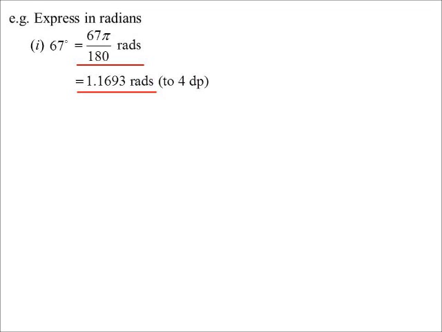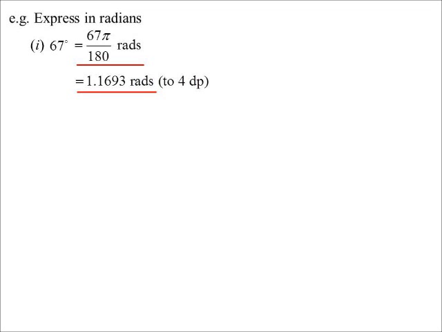The actual value of that, if you had to work it out, remember, pi still represents 3.14, etc. So you would still use the pi button on your calculator and go 67 times pi divided by 180, 1 point something. So you can see a radian is much bigger than a degree, because 67 degrees there is 1.169 radians.